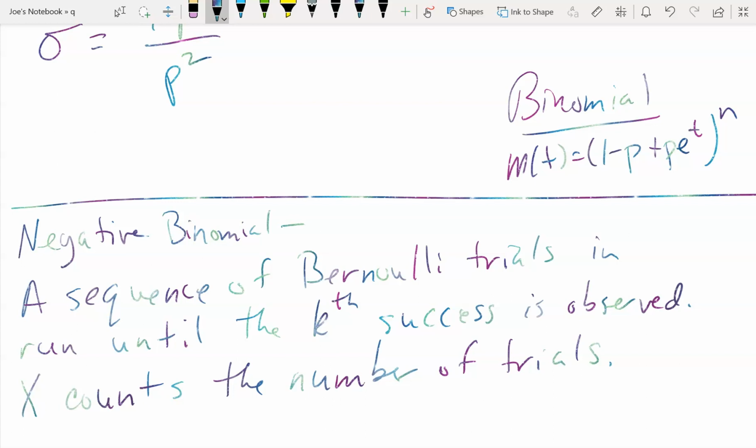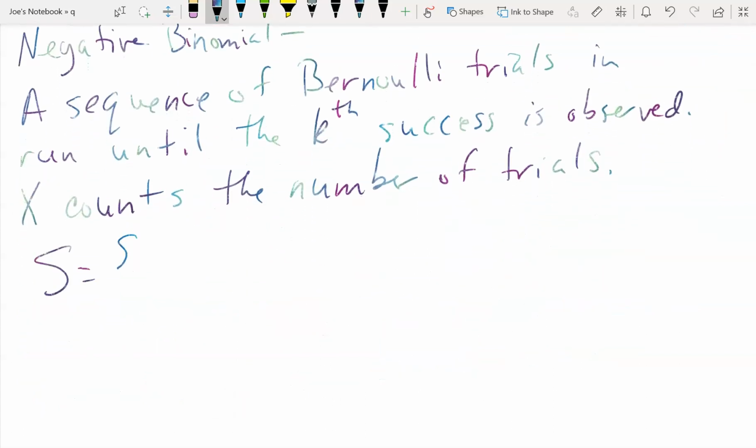It's K. You're going to run trials until K successes are found, right? The smallest it can be is K. You can't get K successes if you run K minus 2 trials, right? So the support here will be K, K plus 1, K plus 2, and so on down the line.